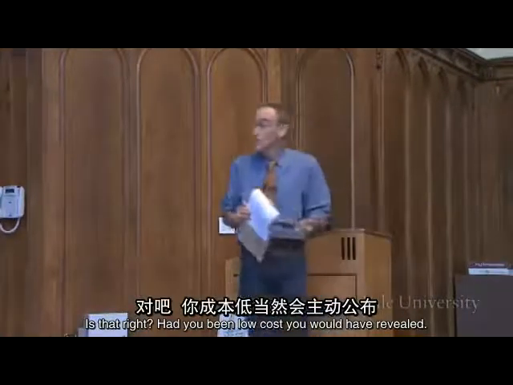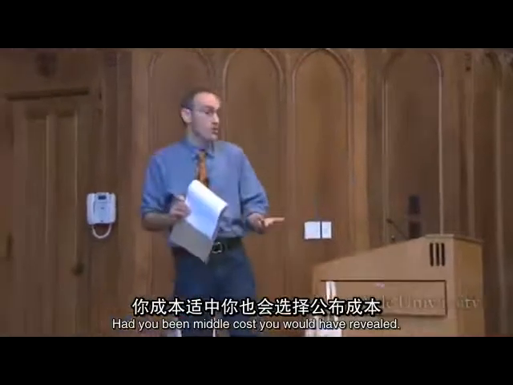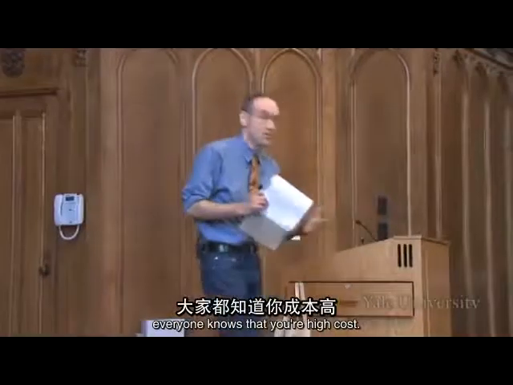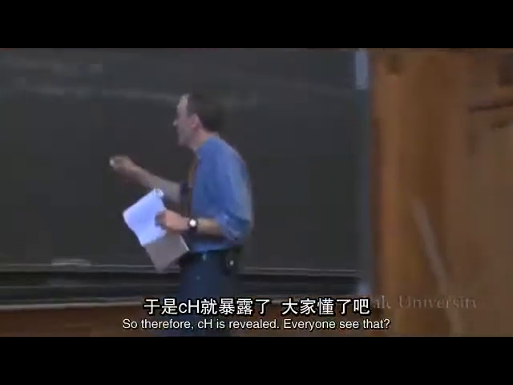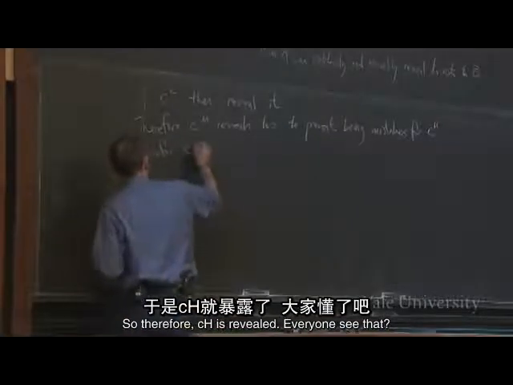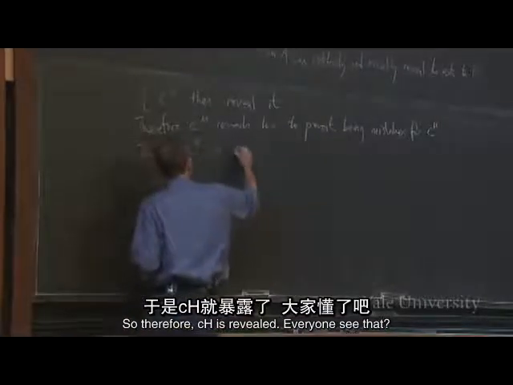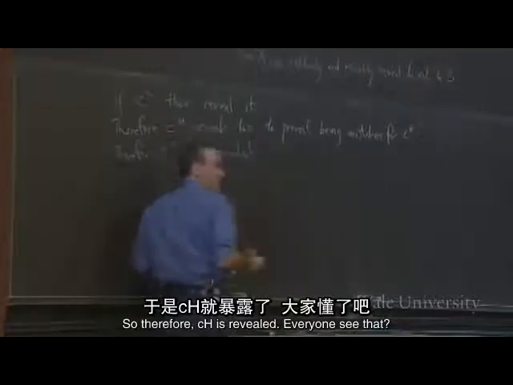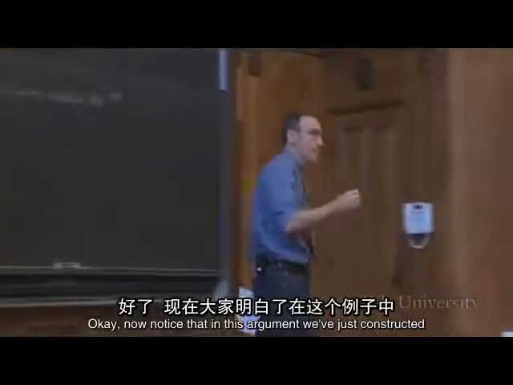Right? Had you been low cost, you would have revealed. Had you been middle cost, you would have revealed. And therefore, whether you choose to reveal or not, everyone knows that you're high cost. So therefore, CH is revealed. Everyone see that? All right.